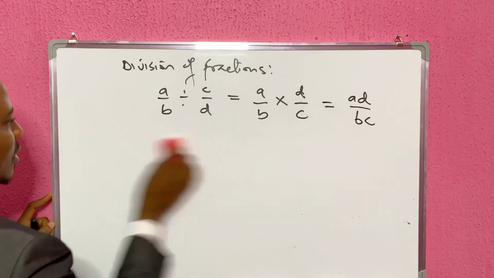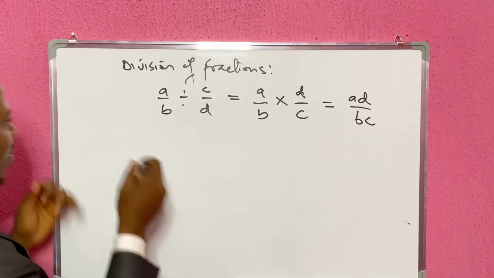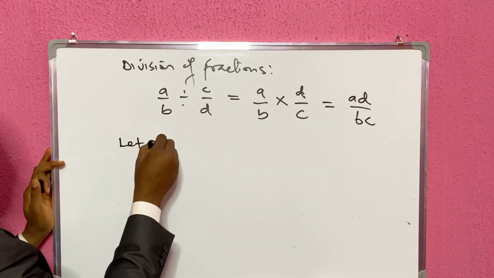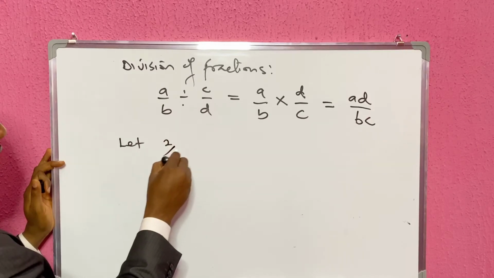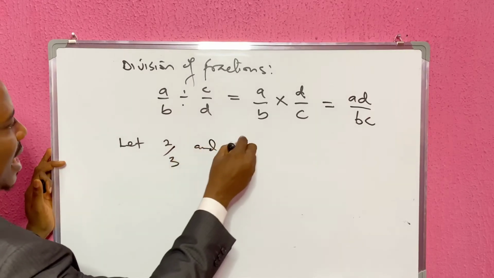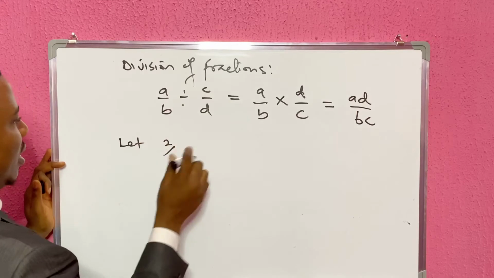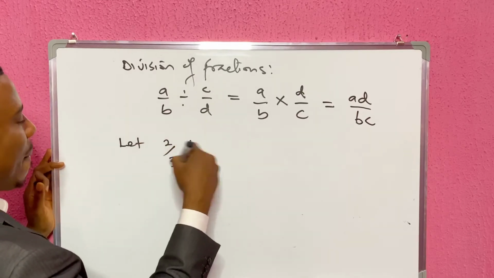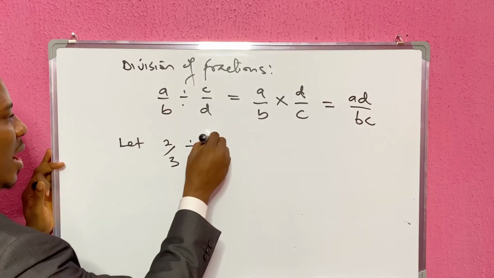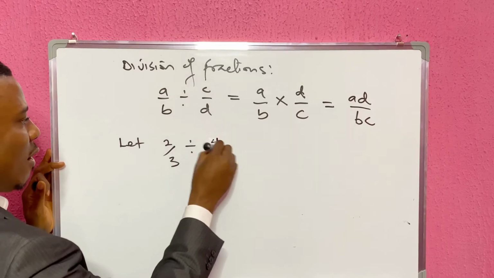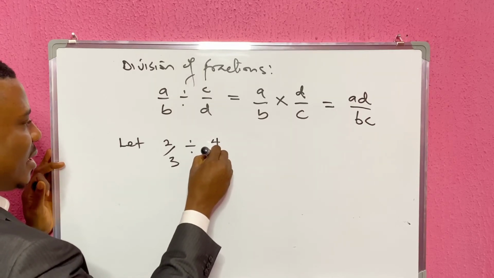Now, let us do a practical example. Let 2 over 3 be divided by, let's say, 4 over 7.